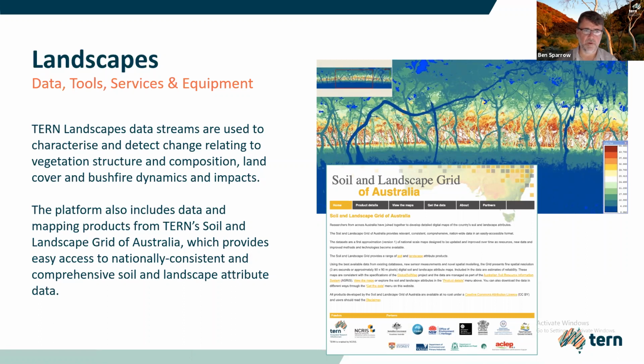But the platform also integrates data from TERN soil and landscape grid. That's a program that models a massive amount of field-based soils information and provides that across the continent as well.